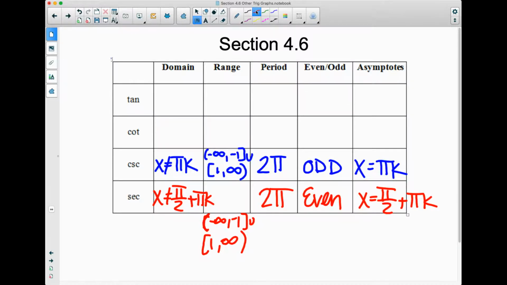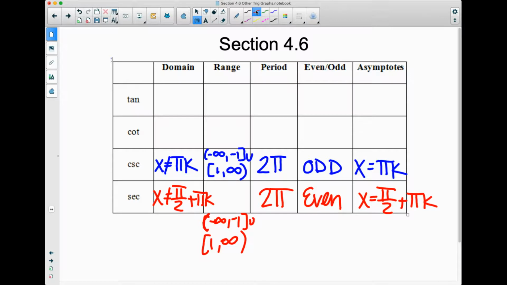Something you want to put on your notes: when doing transformations for these two, you do the transformations to sine and cosine, and then you just graph like we've been doing. So if I gave you 2 cosecant of x minus pi or something like that, I would perform all the transformations I wanted to on sine, and then I would draw my asymptotes and then my many parabolas from there.